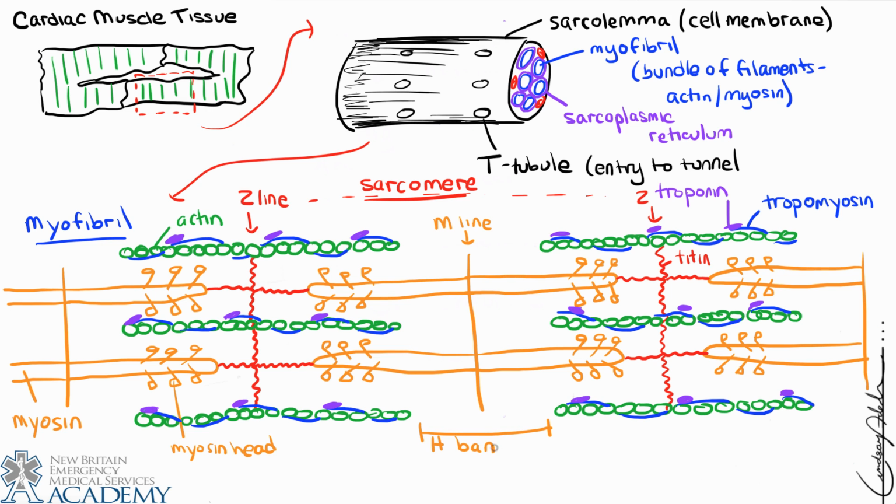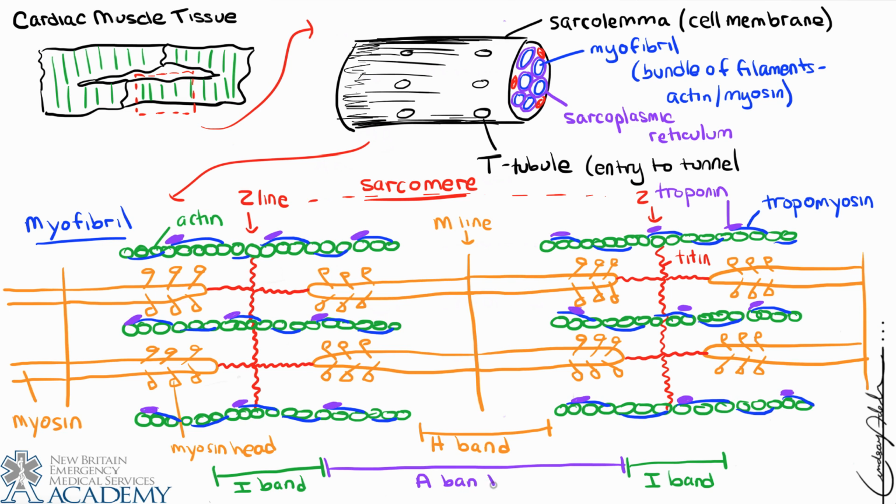The H band is basically the space between the actin filaments, so it's just made of myosin. And then there's an I band, which is the space between the myosin filaments where there's just actin. The H band is kind of in its own little category because we see an alternating pattern. In between all the I bands is the A band.